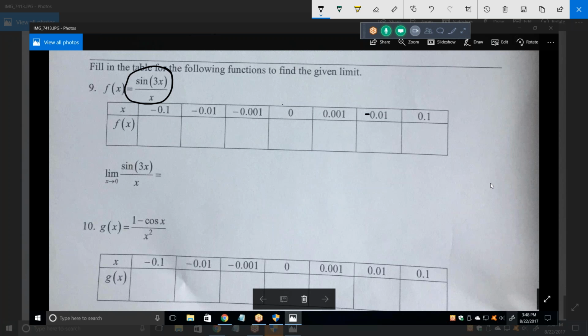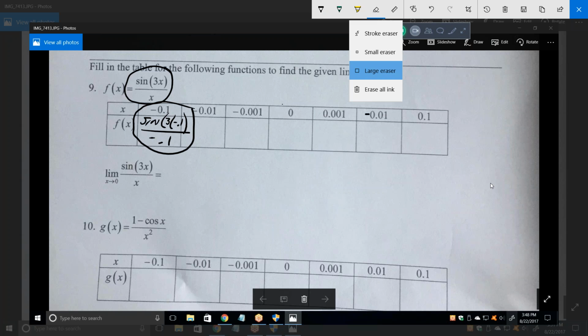Okay, this one is the sine of 3 times minus 0.1. Oh, okay. By minus 0.1. Okay, that makes sense. That's the first cell that you need to fill in. What does that equal to?